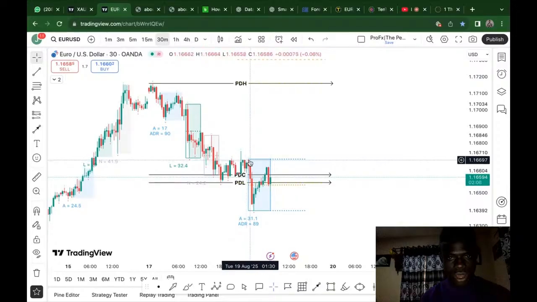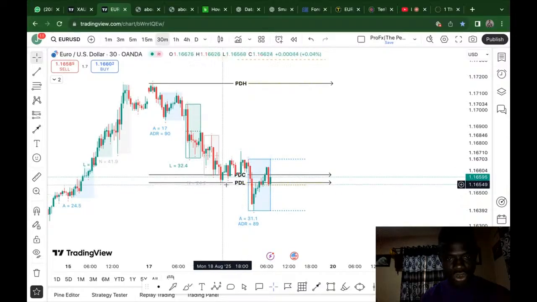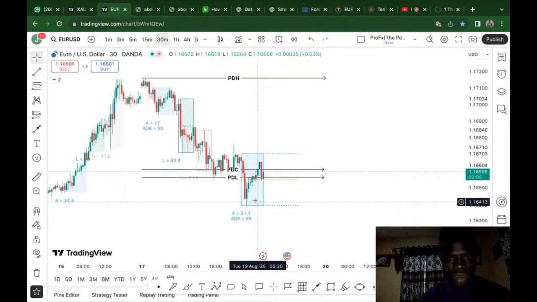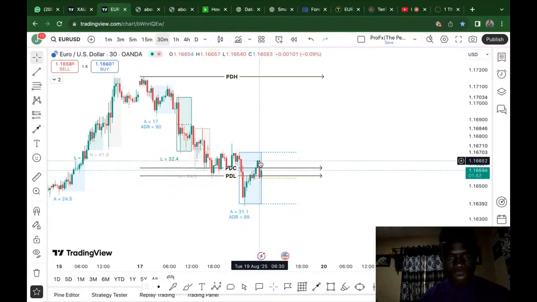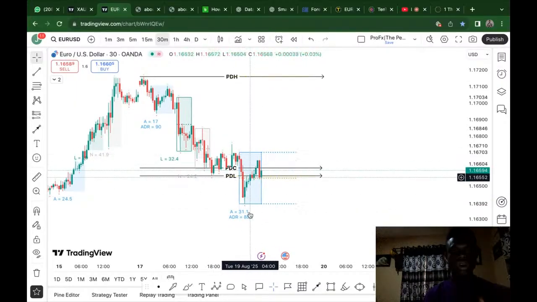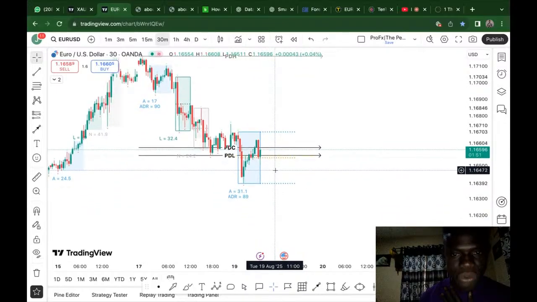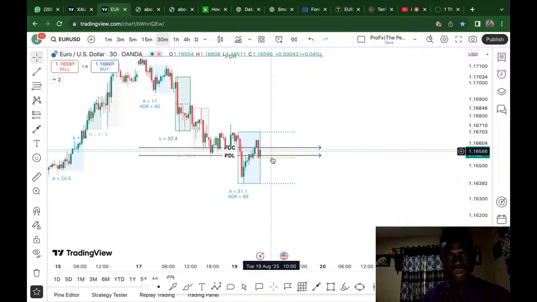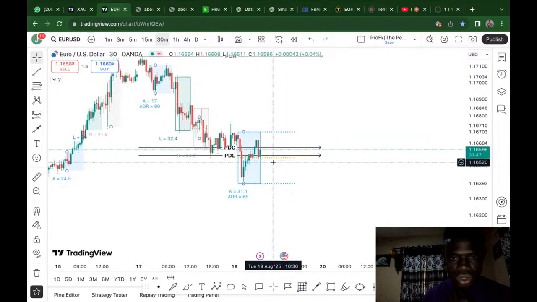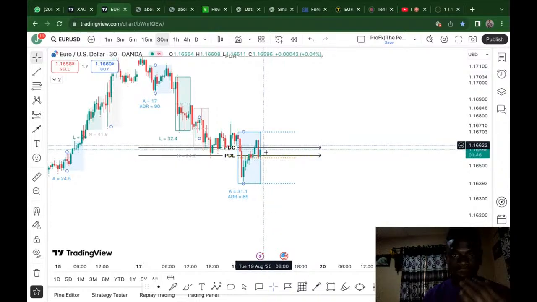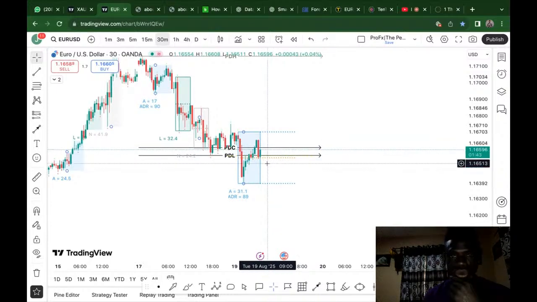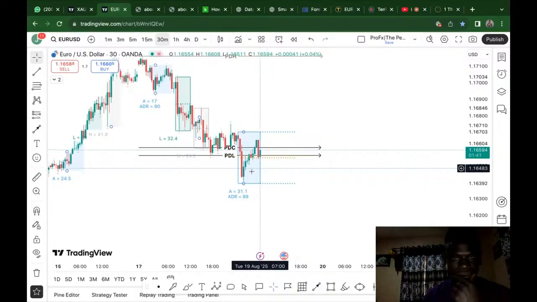We then came below the previous day close, breaking structure. Now we are back above, and below, above, below. So my confirmation for a sell now is I want to see price trade below the close again. Once I see a candlestick below the close, I take a sell.